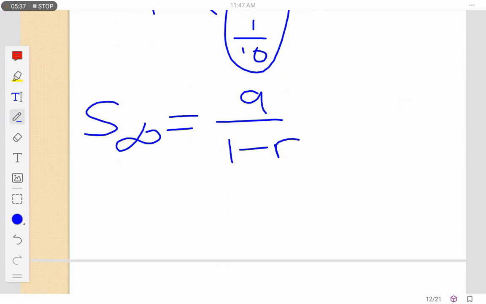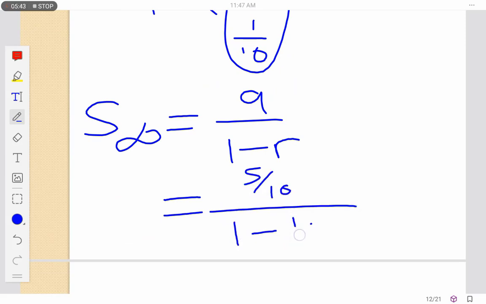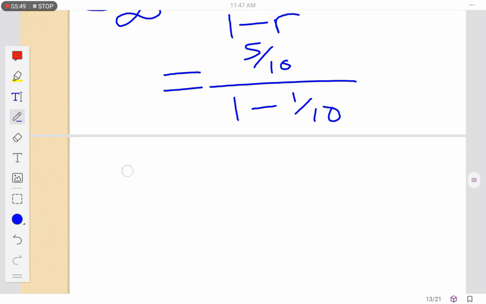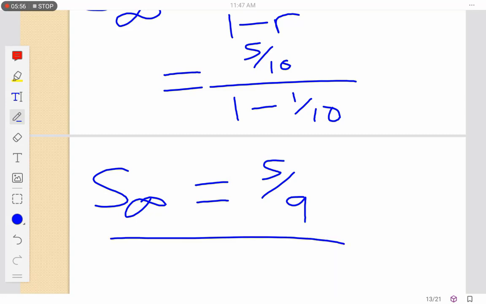Our A is 5 over 10, and our R is 1 over 10. It's now a matter of dividing, and you get your sum to infinity as 5 over 9. If you don't know how to divide this, you can follow our indices video.